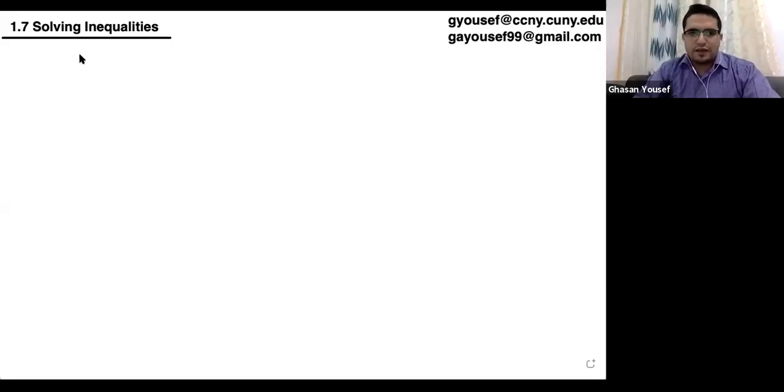So we talked a little bit about inequality. We get the idea: it looks like an equation, but instead of the equal sign, we replace it with smaller than or equal, or greater than or equal.